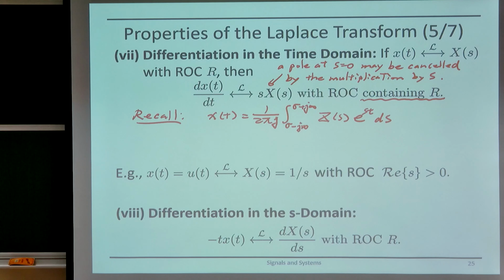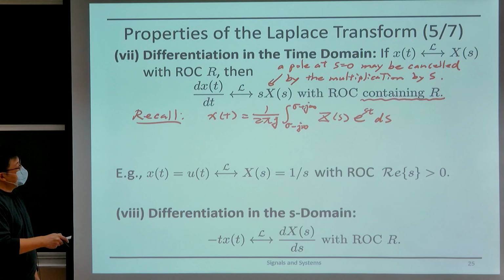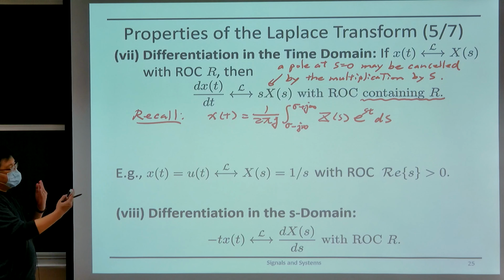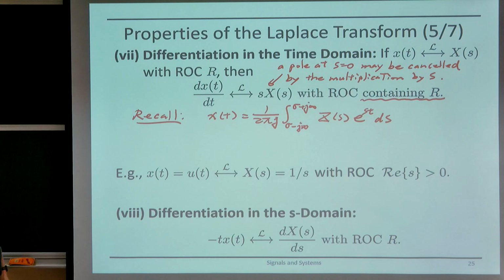If you take the derivative with respect to t on the left-hand side, and assuming everything behaves nicely so that you can interchange the derivative and the integral, you can move the derivative inside, which brings the s down to the front.